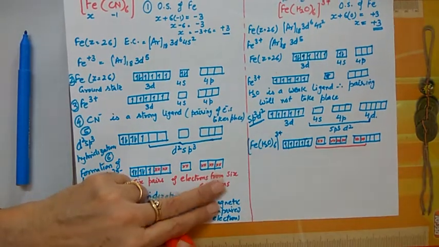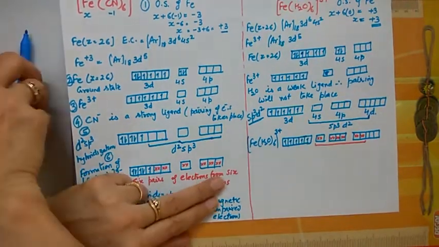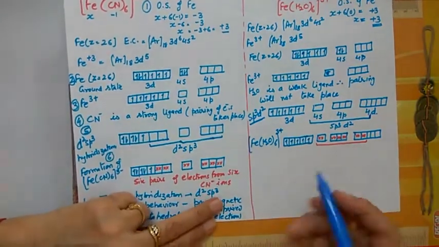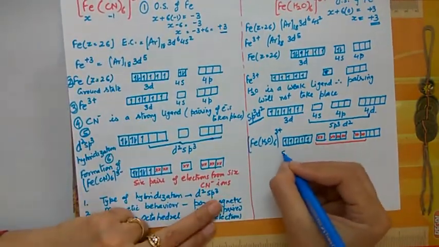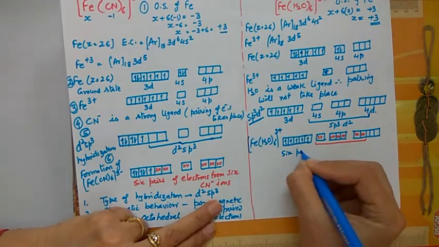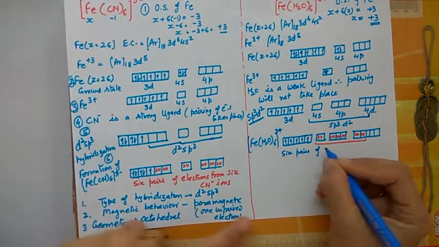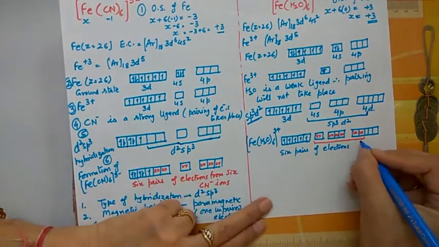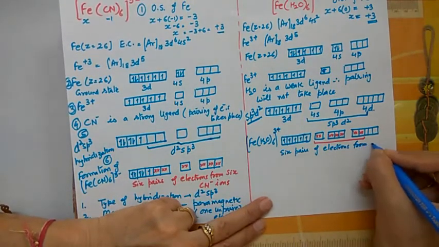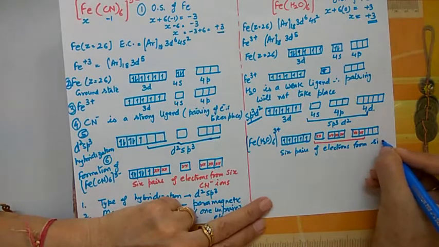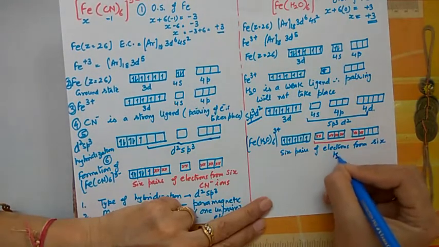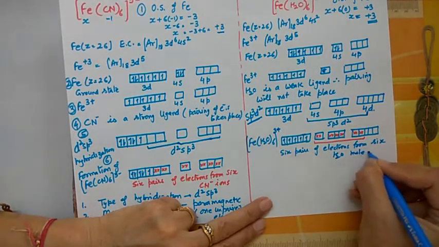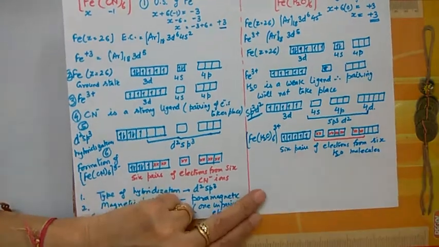So these are 6 pairs of electrons from 6 water molecules. Clear?